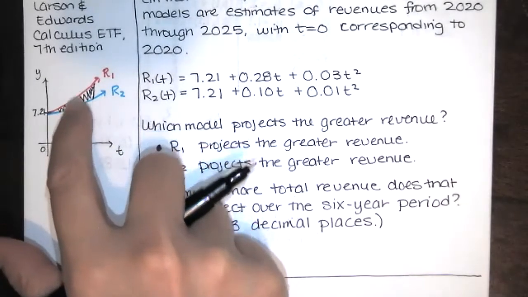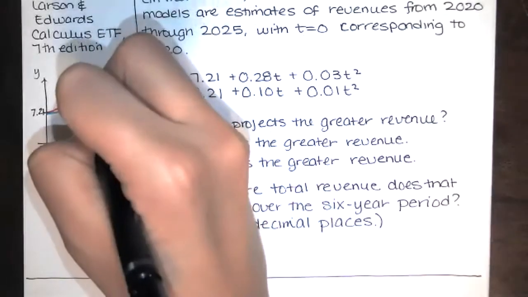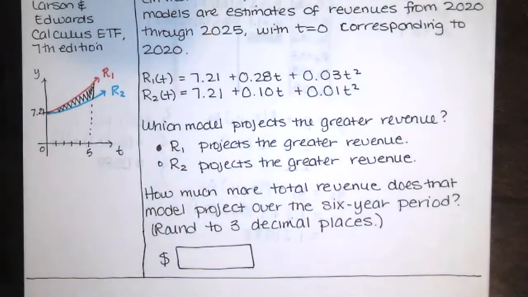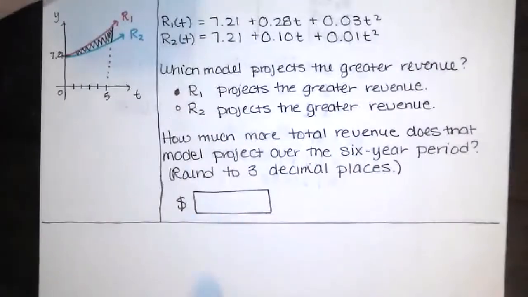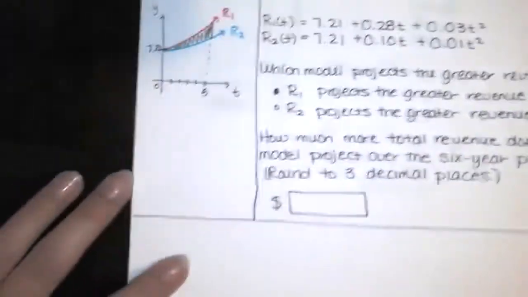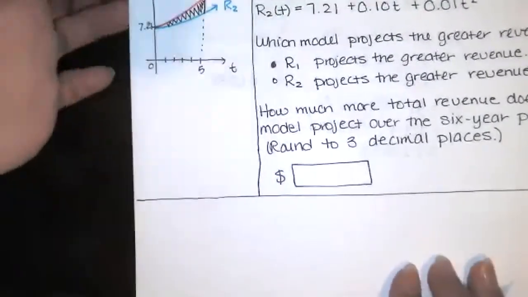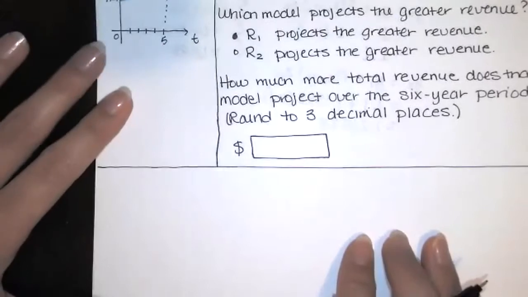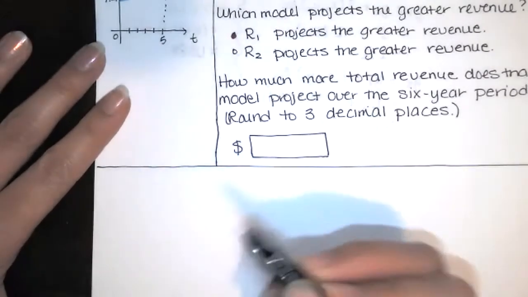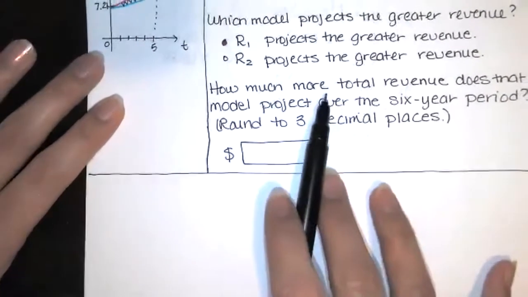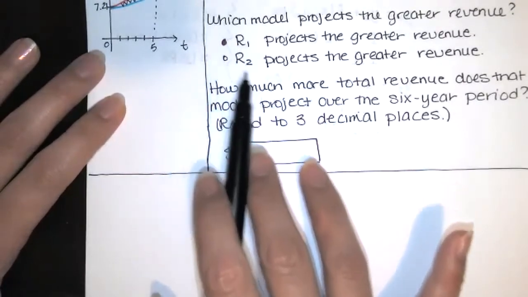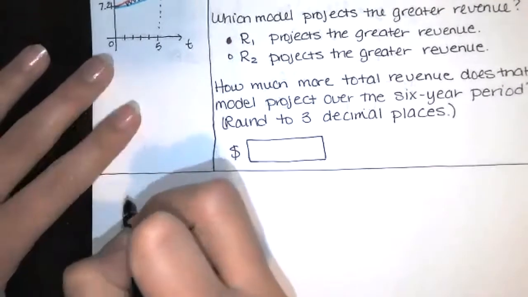So you're going to use the top function minus the bottom function, and you will integrate from 0 to 5. And that's going to be the answer that they want, if I'm remembering correctly. So let's work that out, and then we'll talk about why that doesn't actually represent the total revenue, or the difference in total revenue that this model projects versus the total revenue that this model projects.